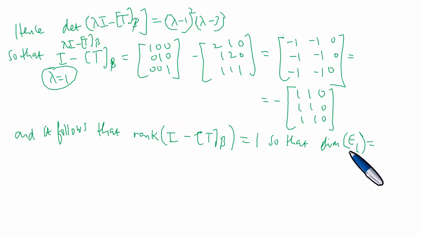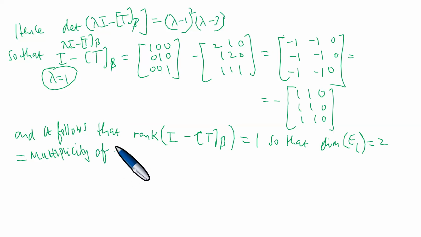The dimension of the eigenspace becomes 2, which is equal to the multiplicity of lambda equals 1.